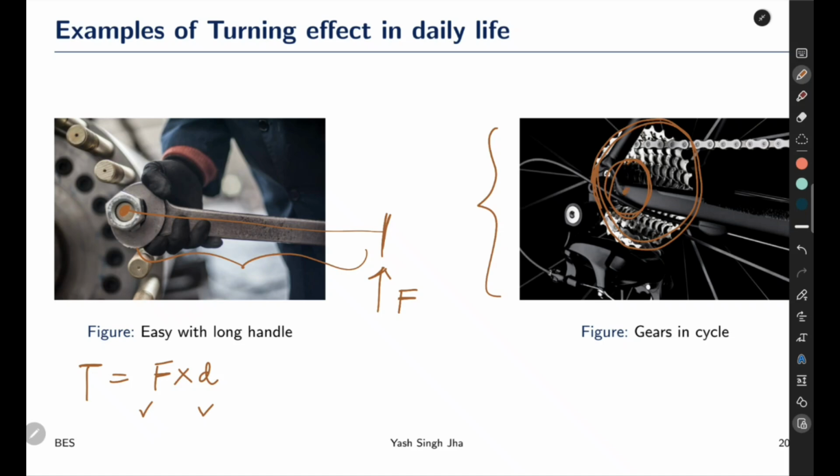Because the distance from the axis of rotation to the point of application of force, which is through the chain, increases. When the gear is big, the distance is more, and when the gear is small, the distance is less. So the torque produced in the first case will be greater than the other one.